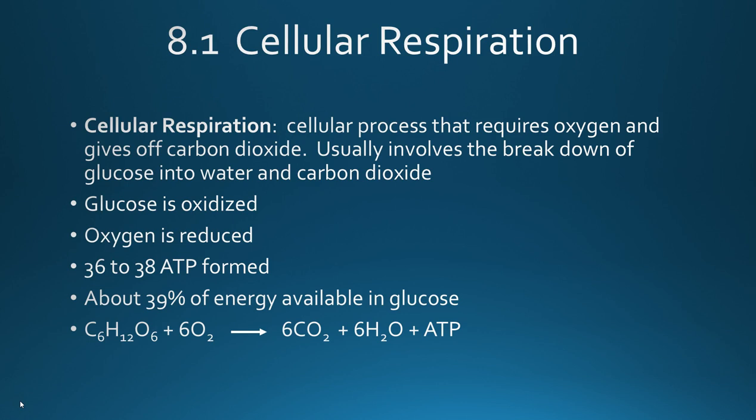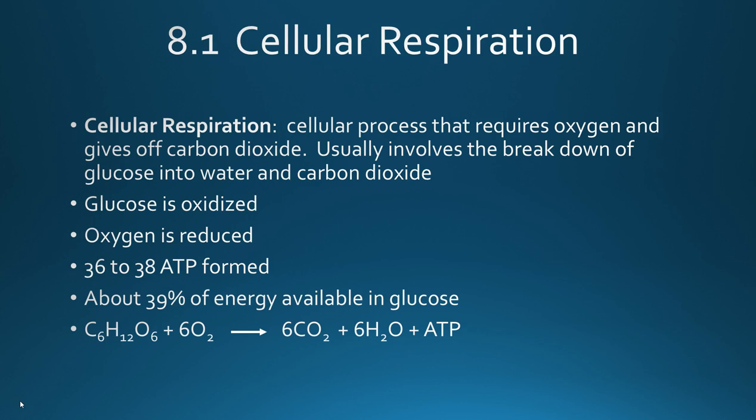So glucose is oxidized. Remember, oxidation is loss of electrons or hydrogen atoms. Oxygen is reduced. Reduction is gain of hydrogen atoms or electrons. In this process, 36 to 38 ATP are formed.